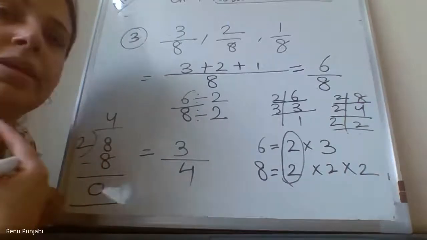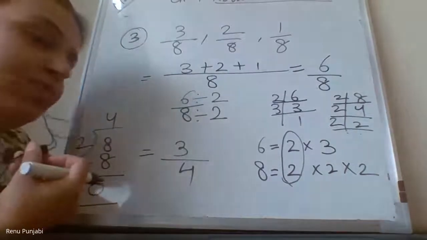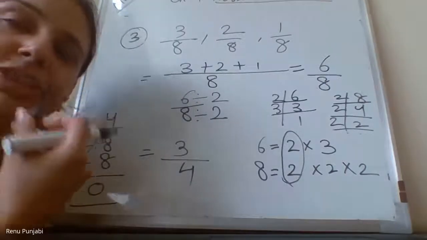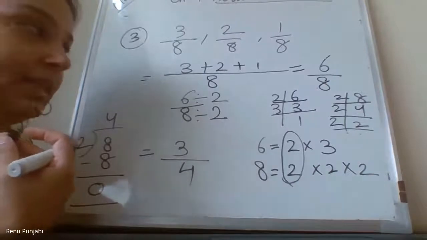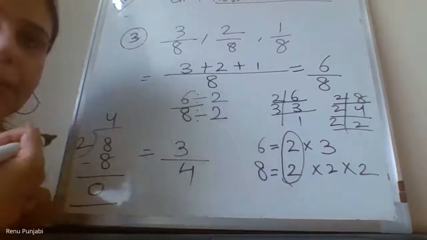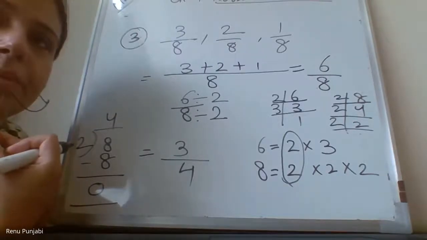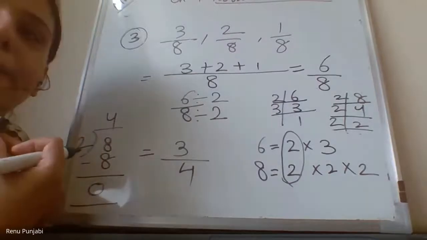And then you calculate the HCF. After the HCF, divide the numerator and the denominator by the highest common factor. Please write this also in your notebook. This is also one of the examples. Please write.